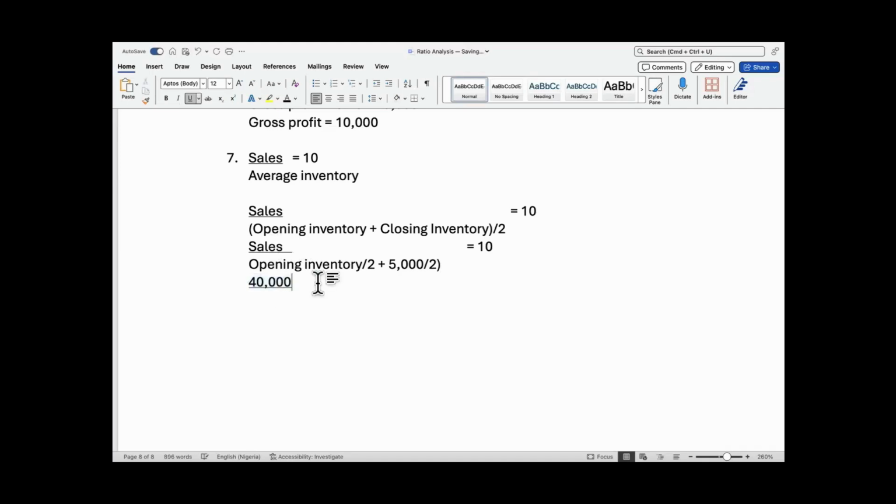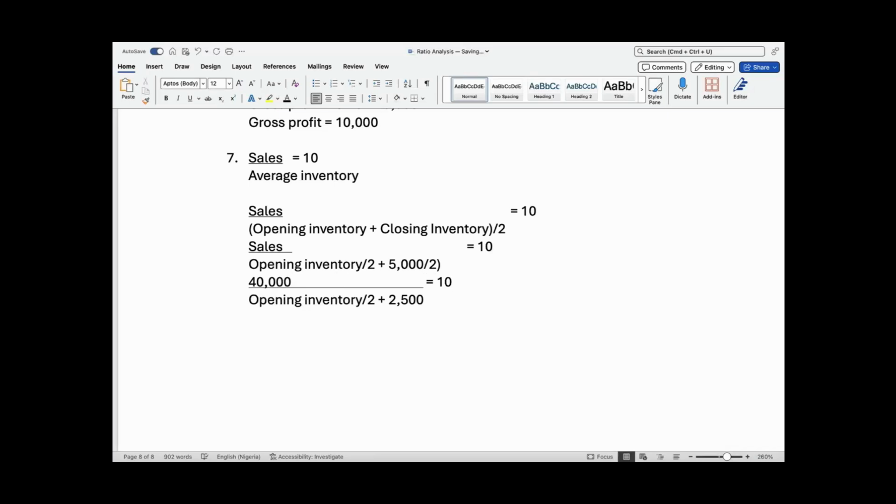Let me see. So my opening inventory divided by 2 plus 2,500 equals 10.